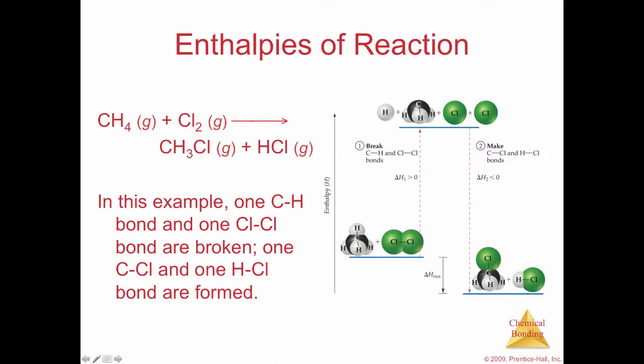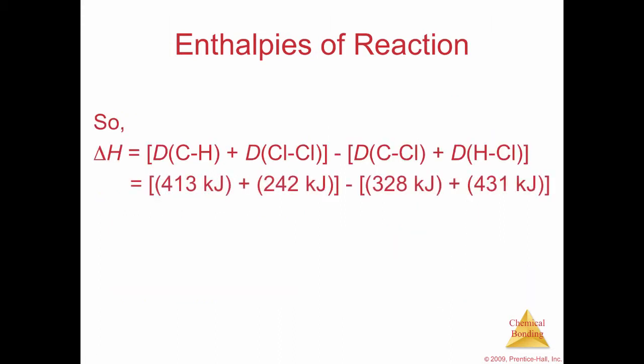And then on the product side, a carbon to chlorine bond was formed and a hydrogen to chlorine bond was formed. So we can write out our math. Again, we have the sum of the bonds broken minus the sum of the bonds formed, and all of those values are tabulated so we can get the enthalpy of the reaction.